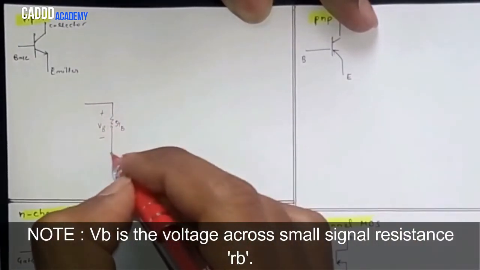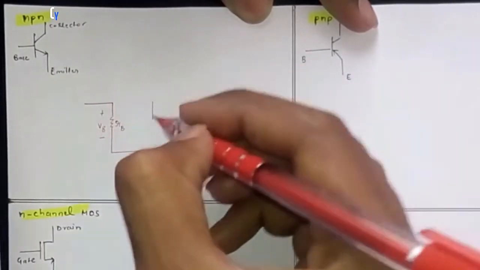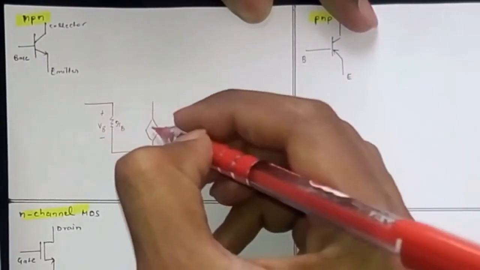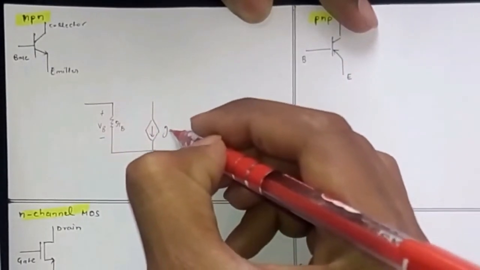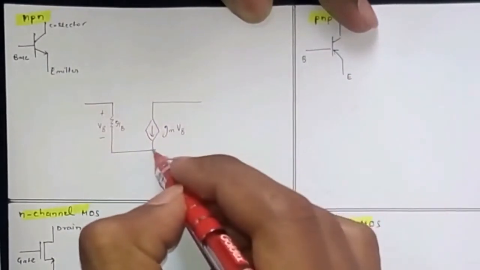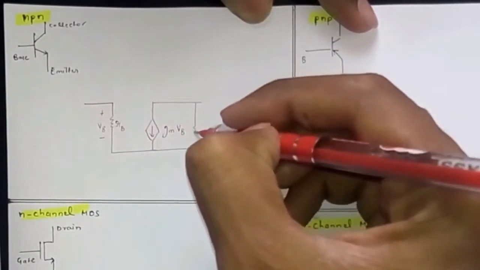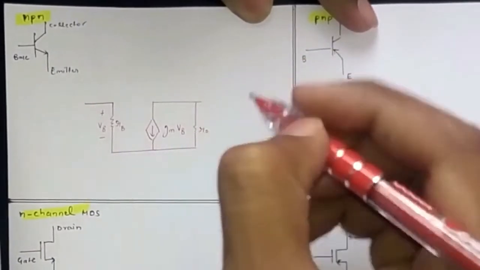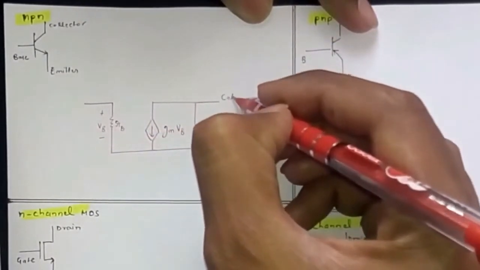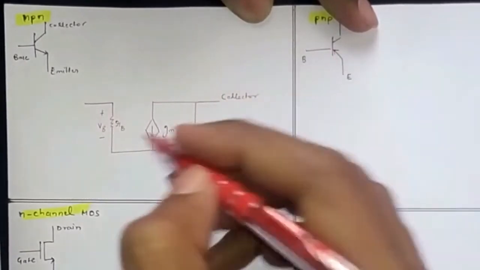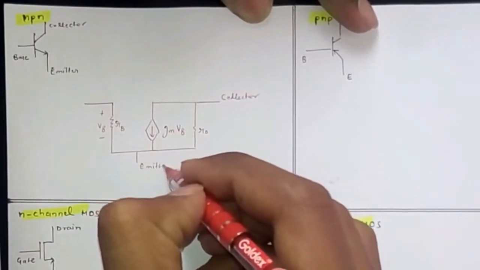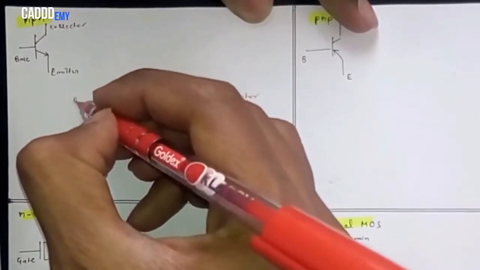Now we will have the dependent current source, whose value will be GMVB, and between the emitter and the collector terminal we will have the small signal resistance R0. So this is the collector terminal, this is the emitter terminal, and this one is the base terminal.